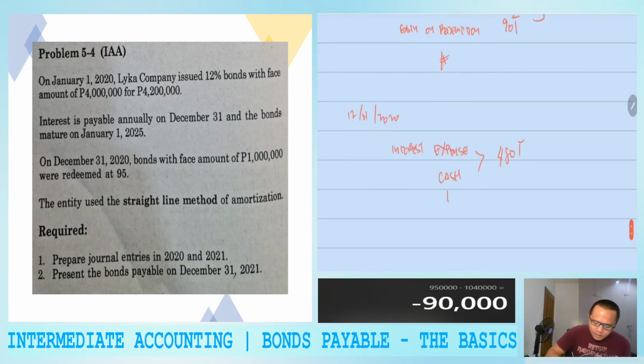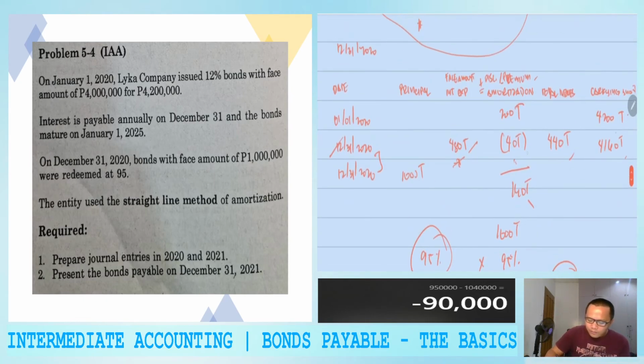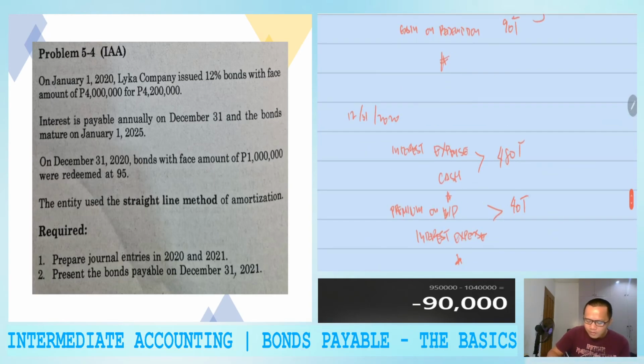Okay? Then, your premium amortization, debit premium on bonds payable, credit interest expense. Ano? 40,000. Okay? Yun. That is in 2020.